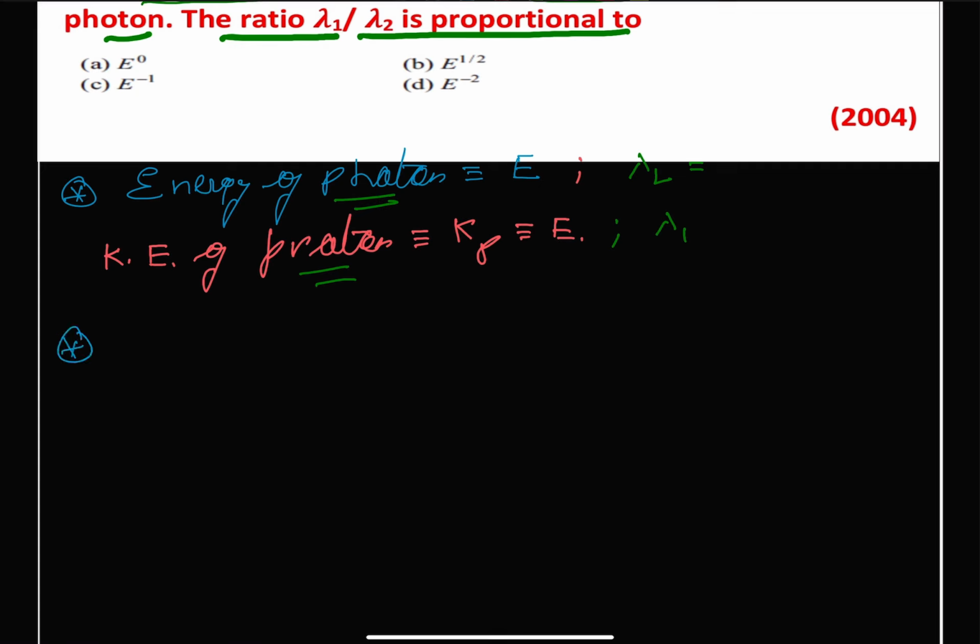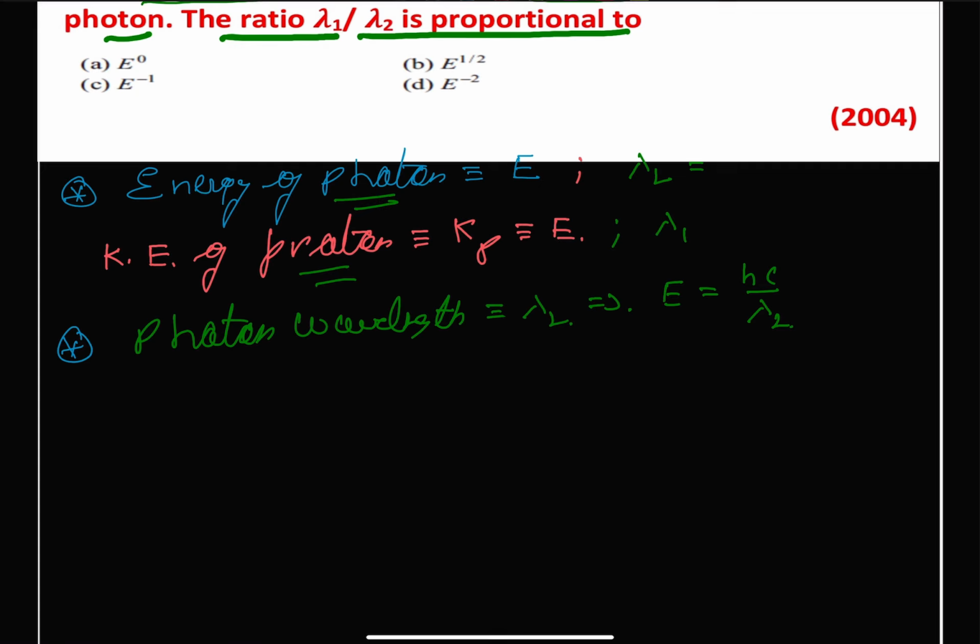Photon wavelength is given to us as lambda 2. From here we can write that energy associated with the photon, that is E, will be equal to hc upon lambda 2.